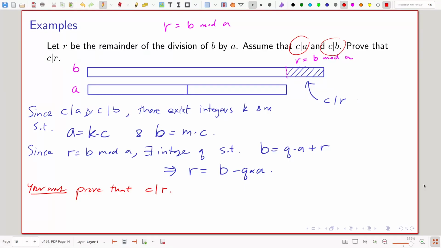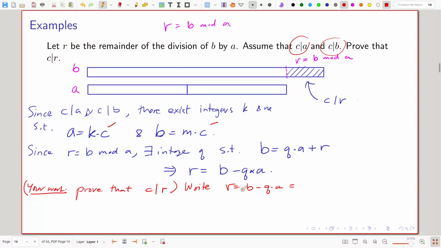Okay, so we know this, right? And we also know this, so we can write R equals B minus Q times A, right?